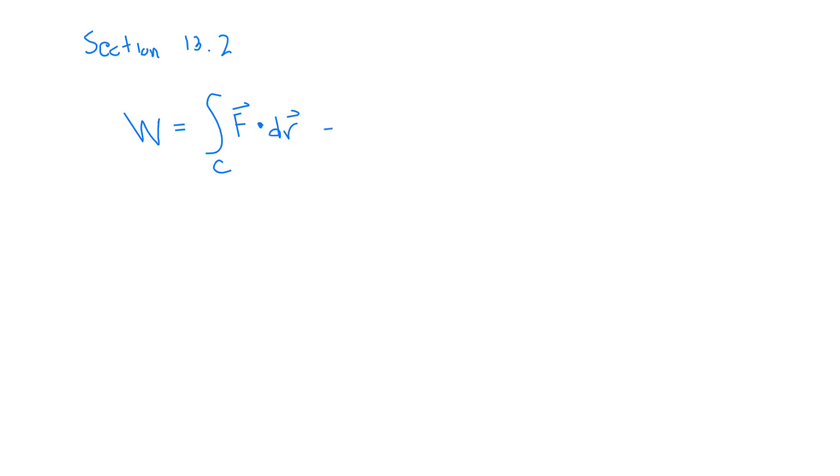And if we were to write this out in some detail, and we talked about why this is true, this is how you would compute the line integral using this formula here.